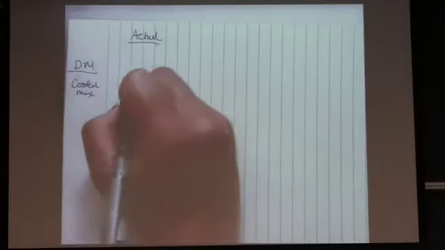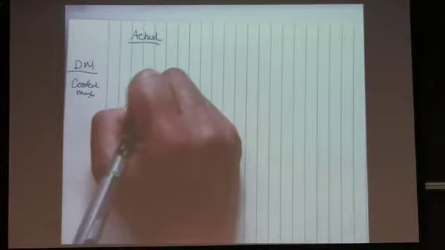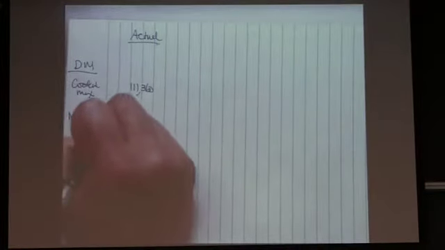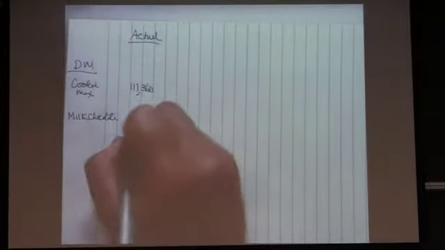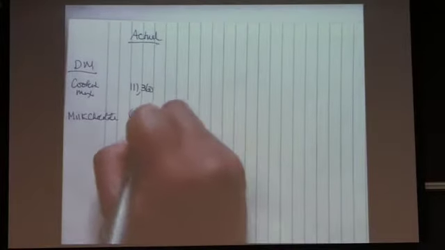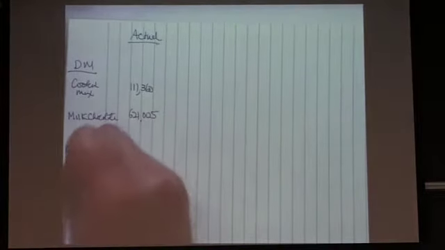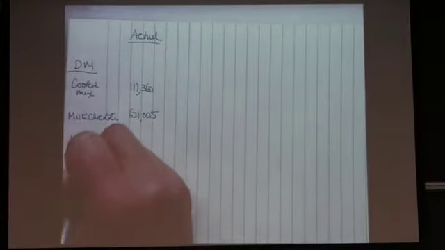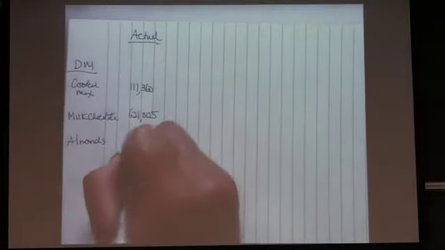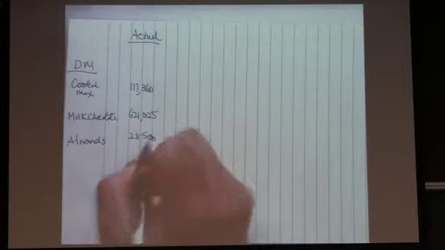I have cookie mix. That was 111.3 360. Milk chocolate 621,005. And almonds 285.